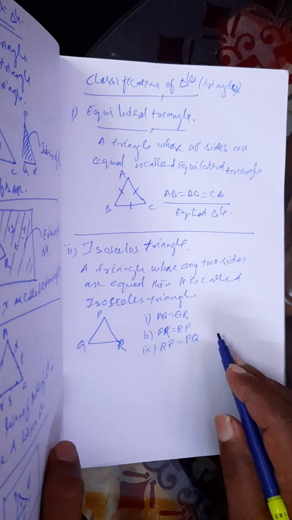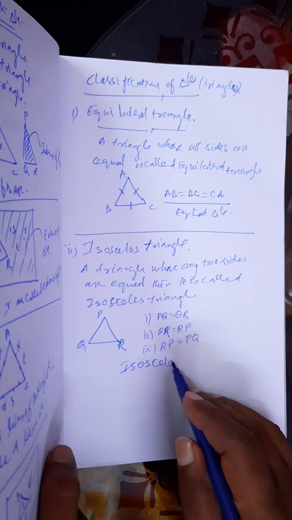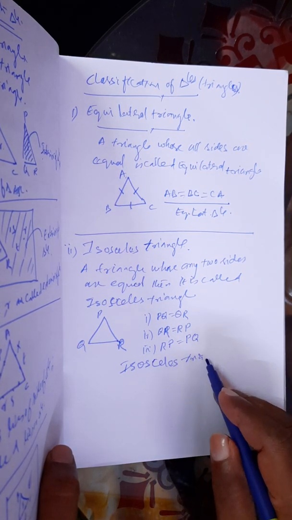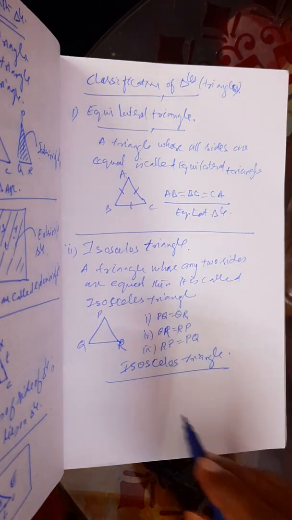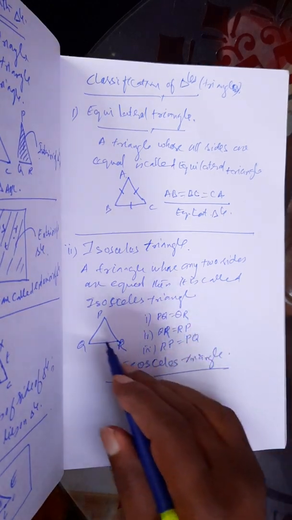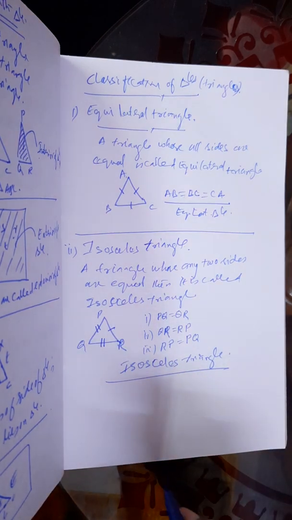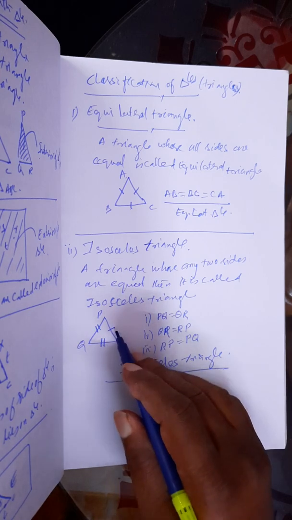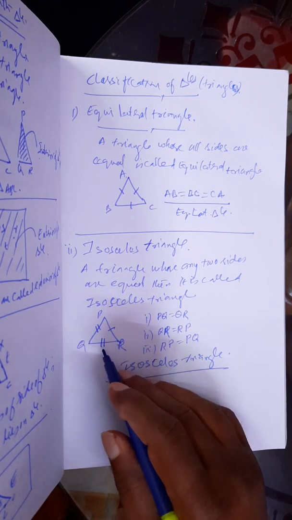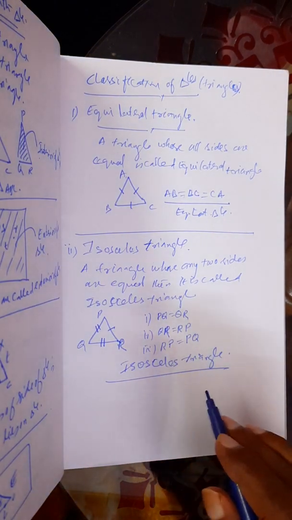Any two are equal but the third is not, so it is called an isosceles triangle. Suppose we take the first condition, PQ equal to QR, and these are different. If these two are equal, mark them with an equal representation, and not equal for the other. So these are all three possible conditions.